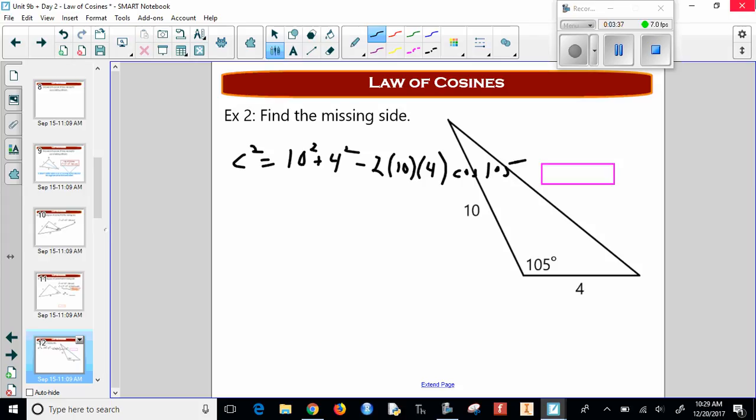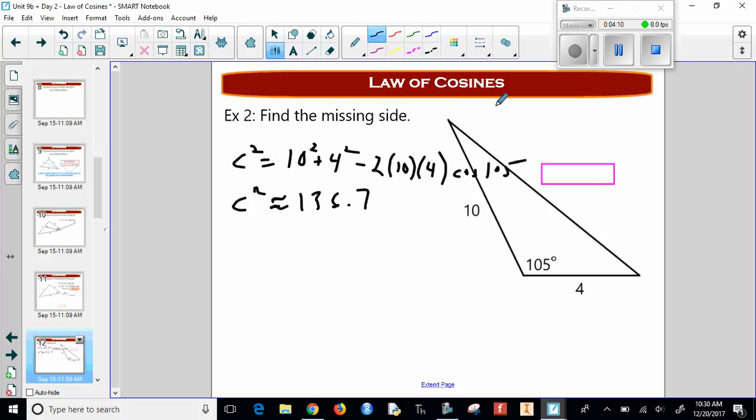Now, what I'm going to do is take out my calculator and just put that all in. 10 squared plus 4 squared minus 2 times 10 times 4 times cosine of 105. And when I do so, I get c squared is equal to about 136.7. Now, that's not this length.